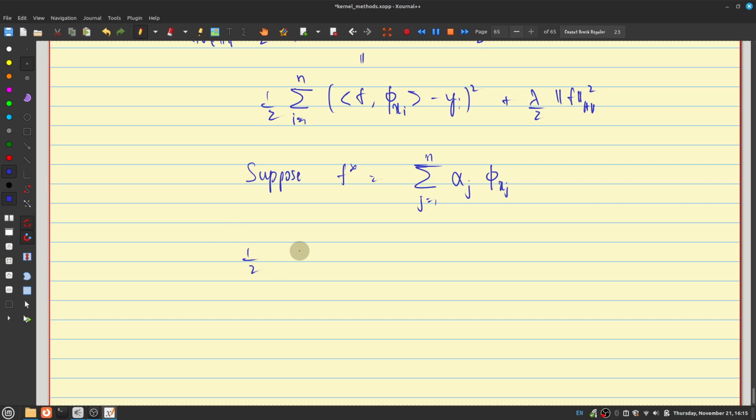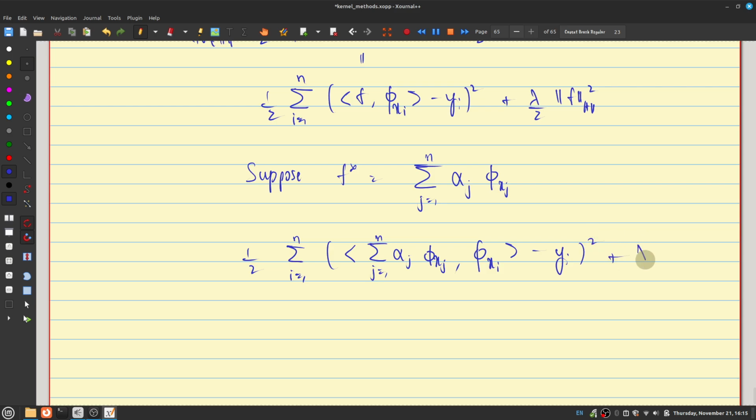We simply get half summation i equal to 1 to n of the inner product between summation j equal to 1 to n alpha j phi xj with phi xi, minus yi, the whole square, plus lambda by 2 times the norm of f star.